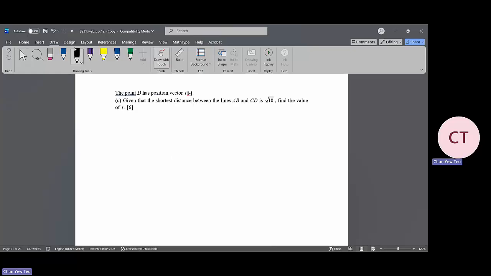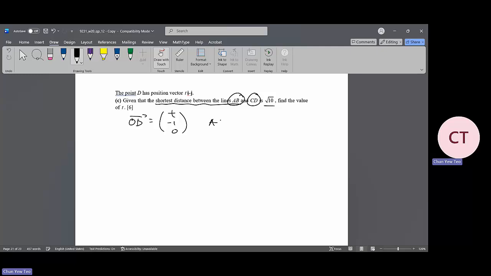Okay, so part C, there's a point D, given the position vector as di minus j. So we just write OD as d, -1, 0. They mentioned that the shortest distance between AB and CD is a certain value. So find the value of d.